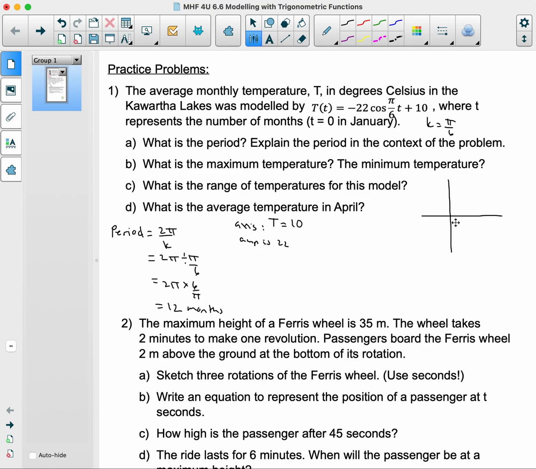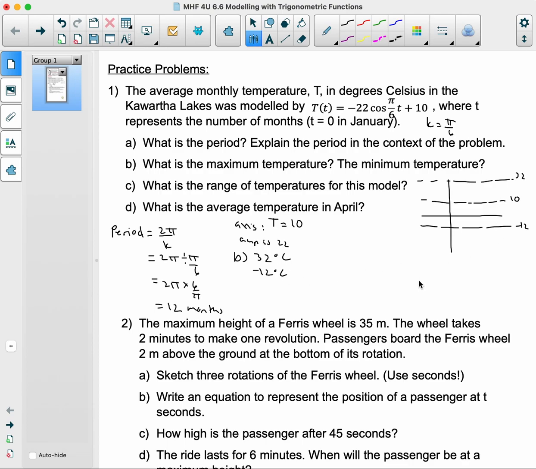It's a cosine wave that starts at a minimum, so it's like facing down, but my axis is at 10. My amplitude is 22. So that would be 32. This would be negative 12. Okay, so my max temp would be 32 degrees Celsius, and my minimum would be negative 12 degrees Celsius.